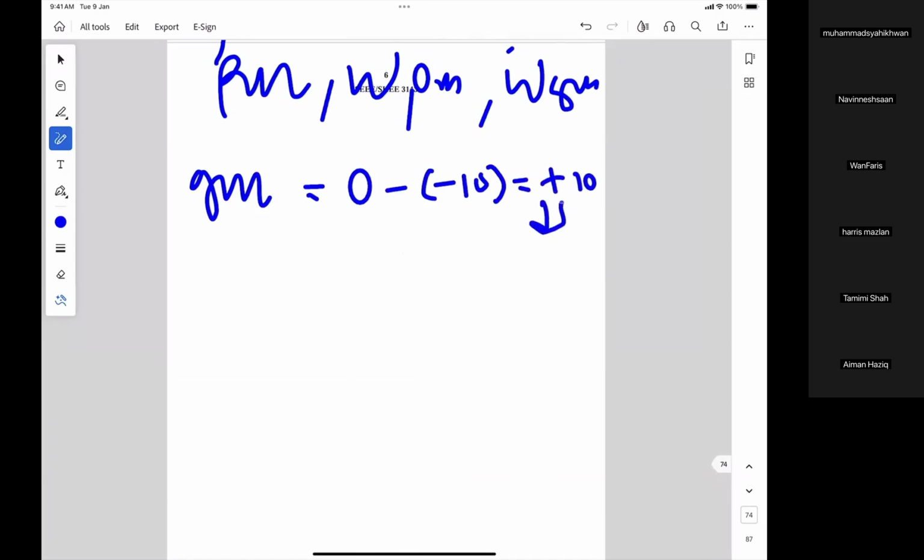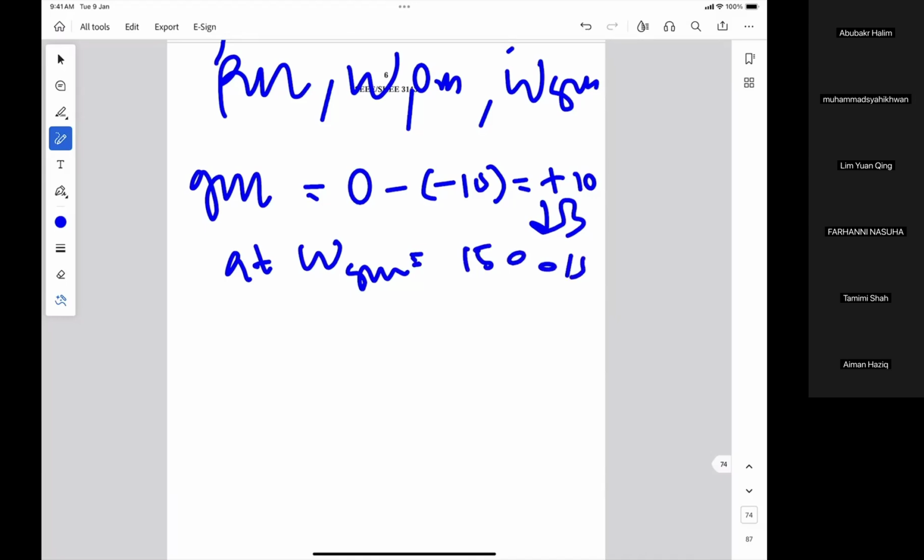Ten. 15 radian per second. So it's 10 dB.